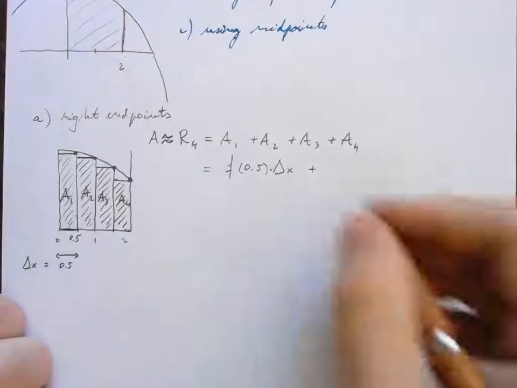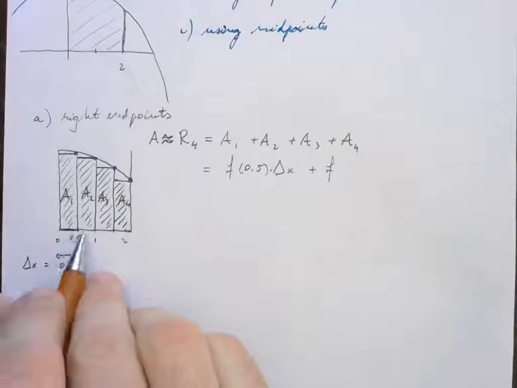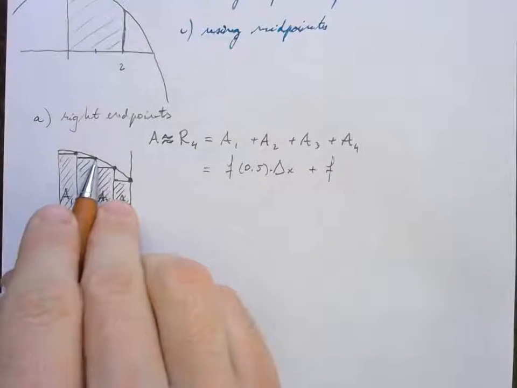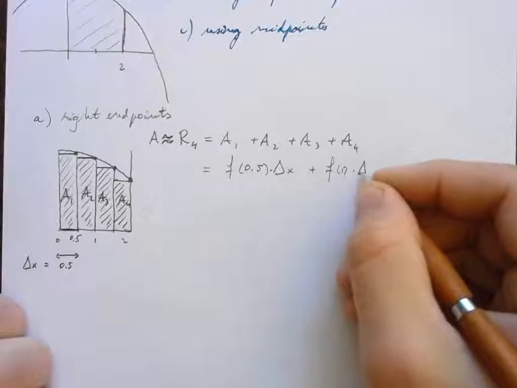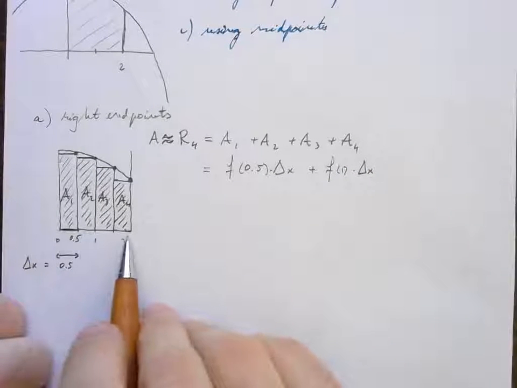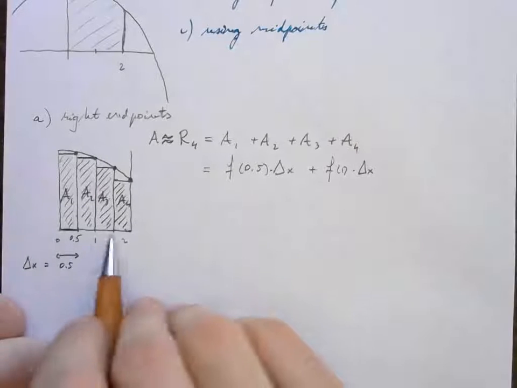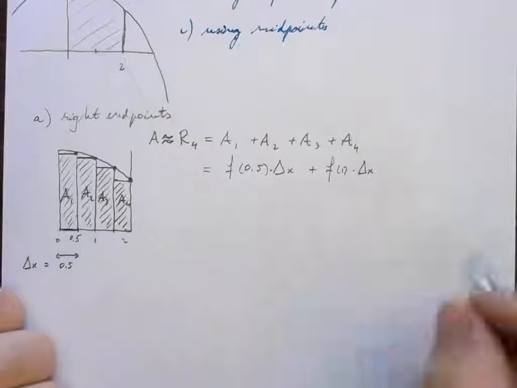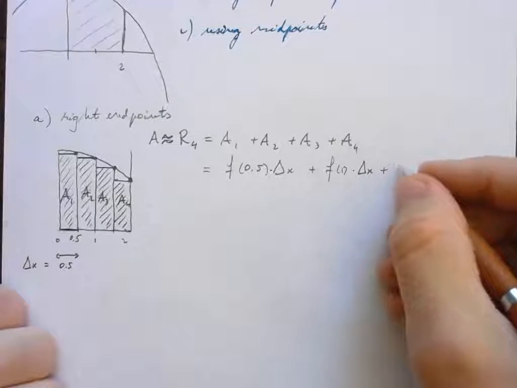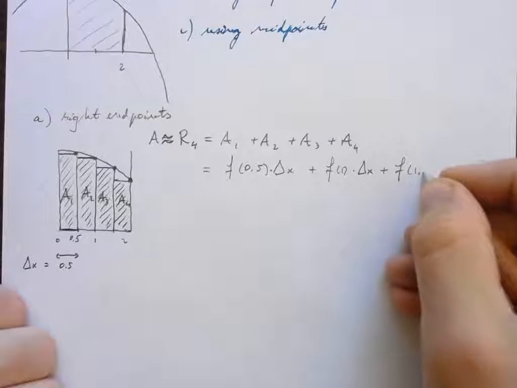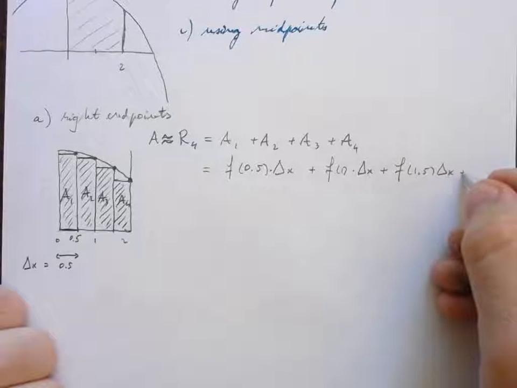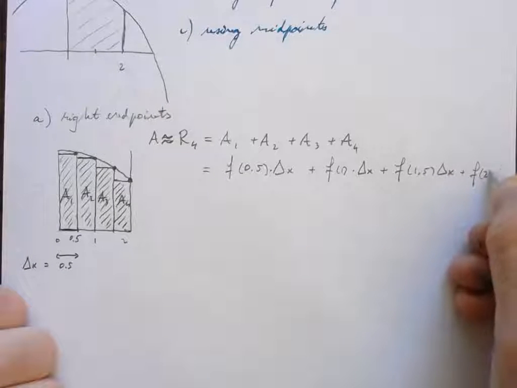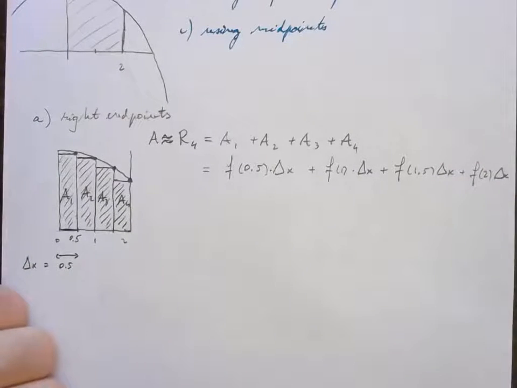Then the second area, now I have f of 1, that's the height of the rectangle, times the base, which happens to be the same for all of them because I'm breaking it up into rectangles of equal width. Then I have f of 1.5 times delta x. Then I have f of 2 times delta x.